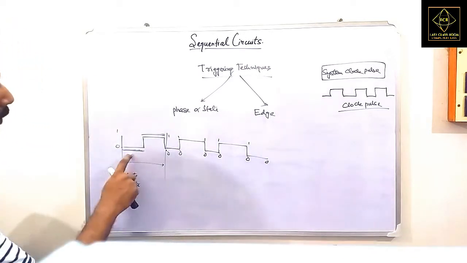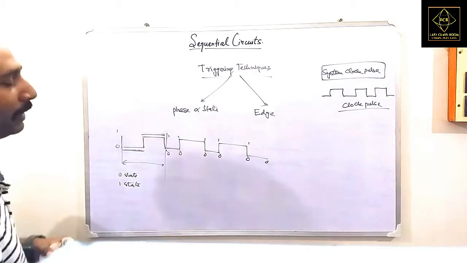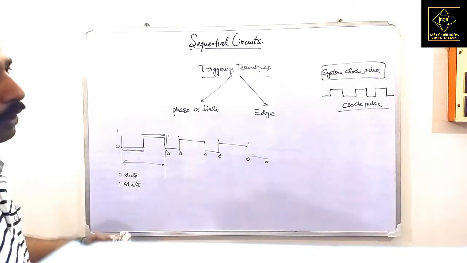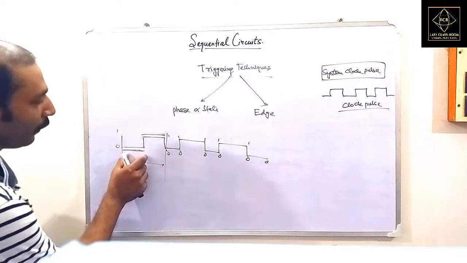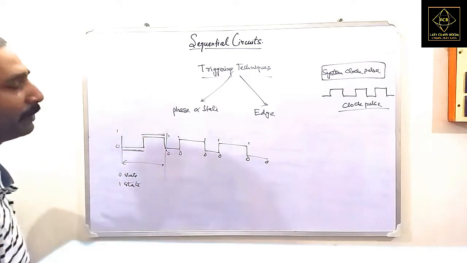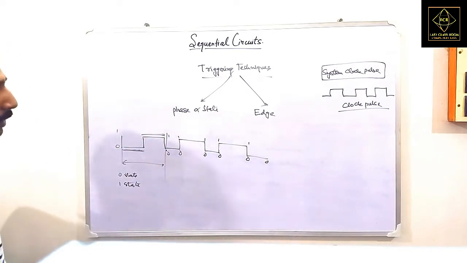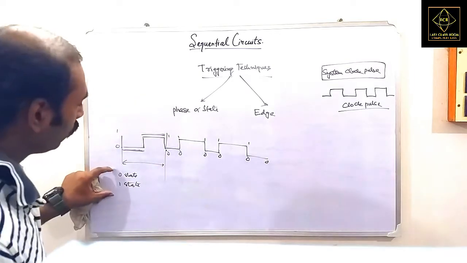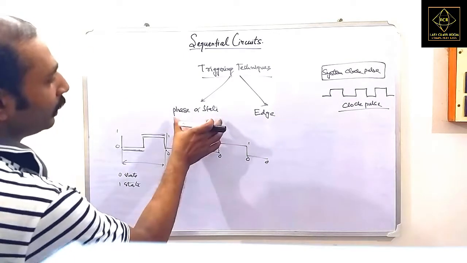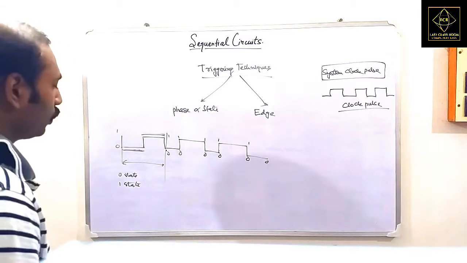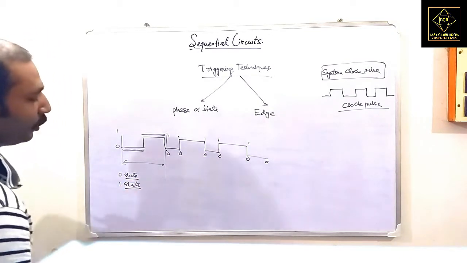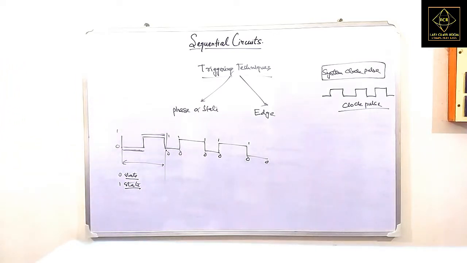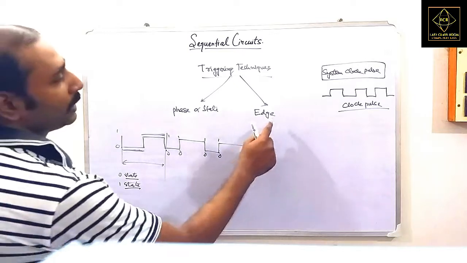The phase will be detected and the corresponding outputs or inputs will be conducted. So these phases are very, very important in our system. If this is the 0 state or 0 phase, this is the 1 state or 1 phase. Now, coming back to edge.